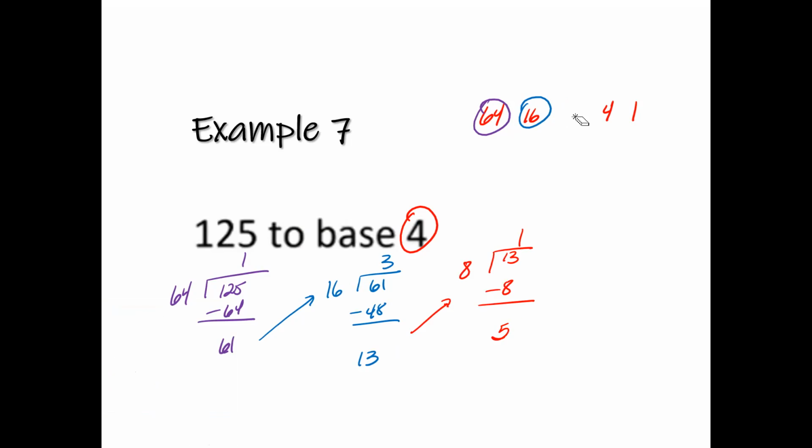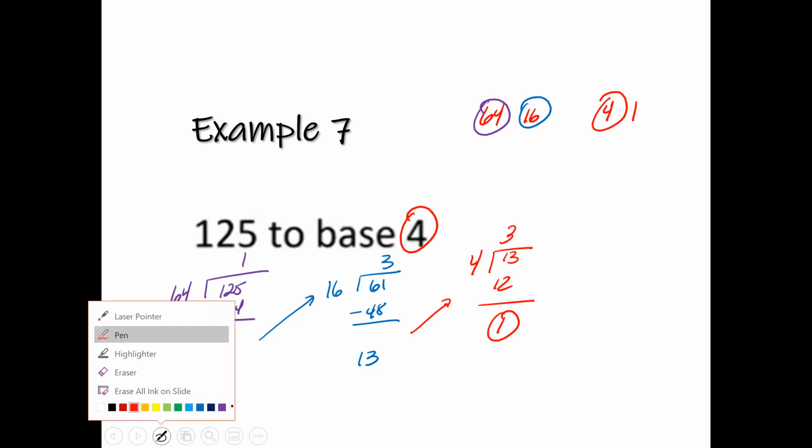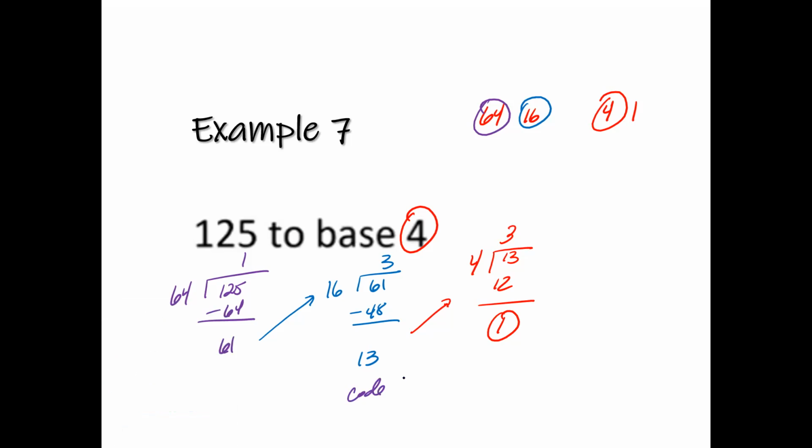Oh, I'm sorry. 8 is not even one of the base 4 place values. Sorry about that. So it's actually 4. So that's going to be 3, which gives me a 1. And that is your number: 1, 3, 3, 1.